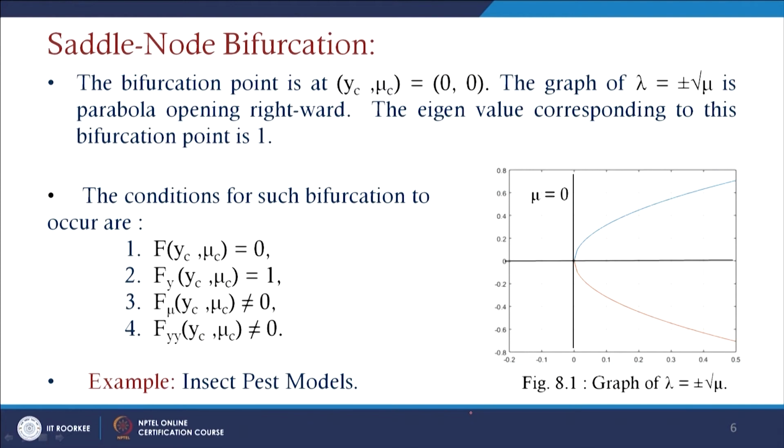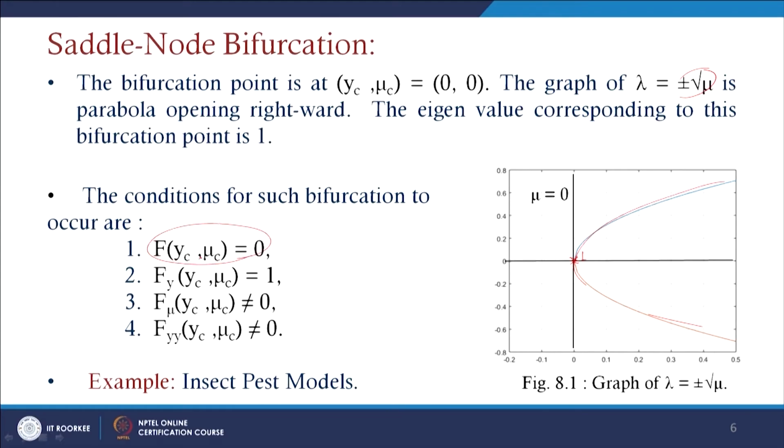If you go for a picturization, the bifurcation point is at y c, mu c, which is called the critical point, existing at the 0, 0 point. The graph of lambda equals plus or minus square root of mu is a parabola opening rightward, and the eigenvalue corresponding to this bifurcation point is 1. The conditions for such a bifurcation to occur are: first, the functional value equals 0.